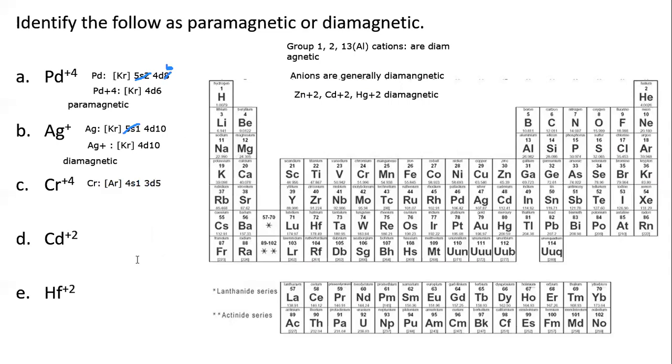So to make the ion, we remove 1 from the s orbital, and we remove 3 from the d orbital. And so the electron configuration of chromium 4 plus is argon 3d2. And since you only have 2 d electrons, it's going to be paramagnetic.